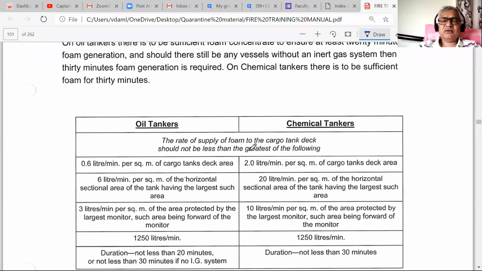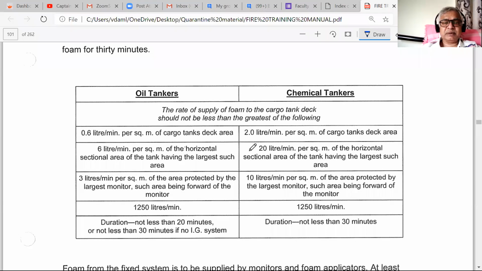Later we started getting different types of chemicals and also started mixing air. So it is possible to get a low expansion foam which can be used in the engine room, but I personally don't think you're going to see low expansion anywhere. Then you have medium expansion and high expansion. Normally we deal with medium expansion on oil tankers and chemical tankers.